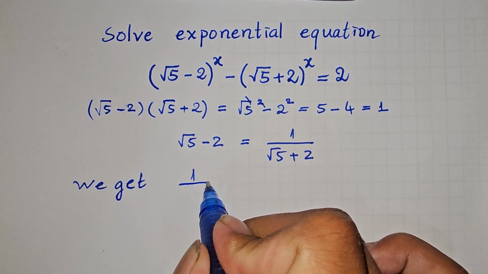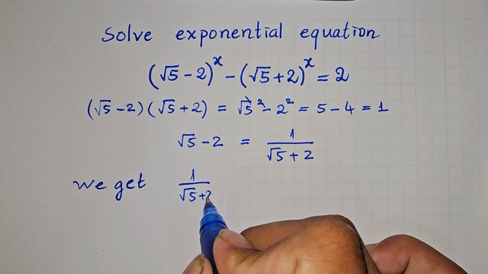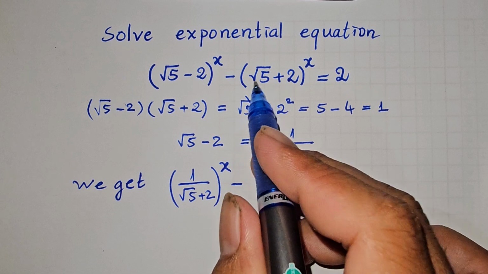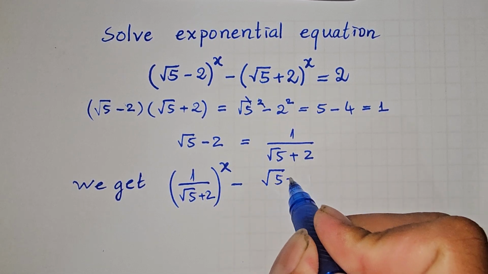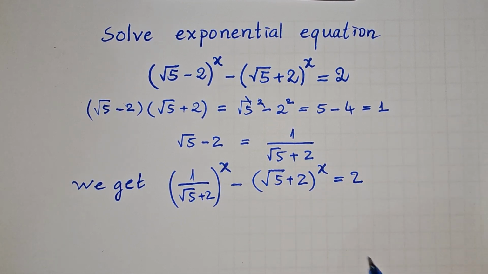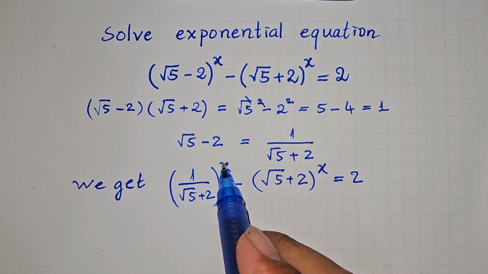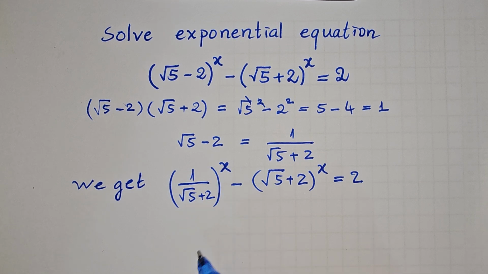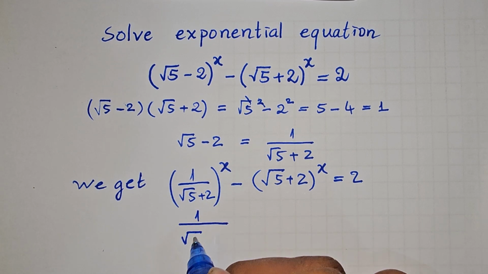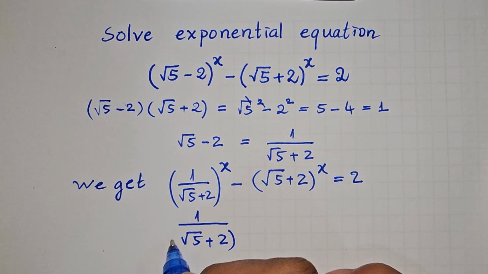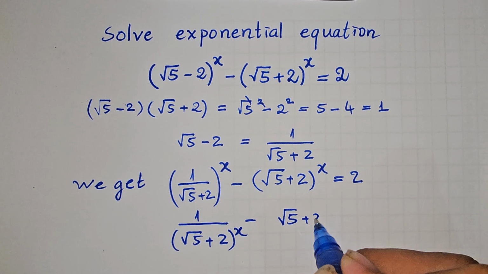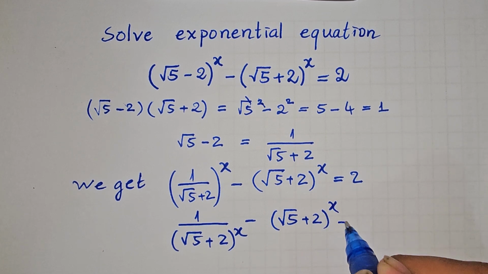So we get (1 divided by (square root 5 plus 2)) to the power h, minus (square root 5 plus 2) to the power h, equals 2. Here we get 1 to the power h, and (square root 5 plus 2) to the power h. So we get 1 divided by (square root 5 plus 2) to the power h, minus (square root 5 plus 2) to the power h, equals 2.